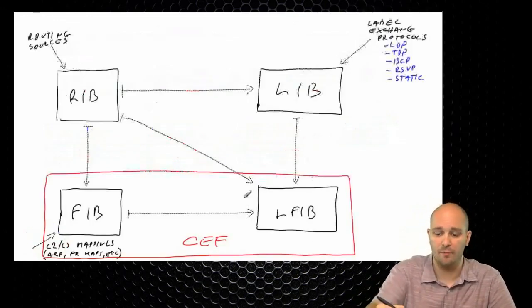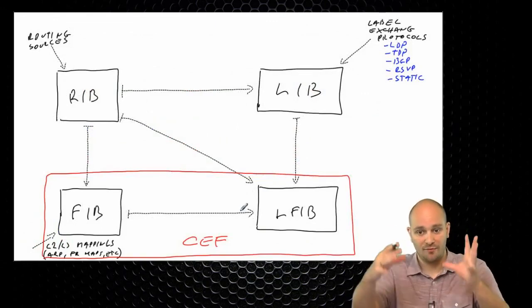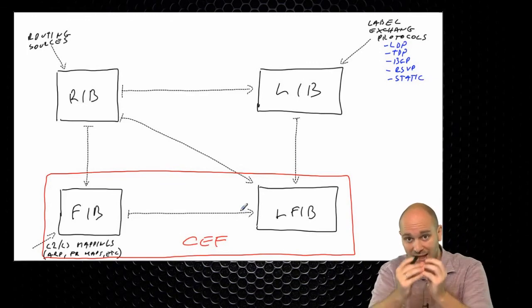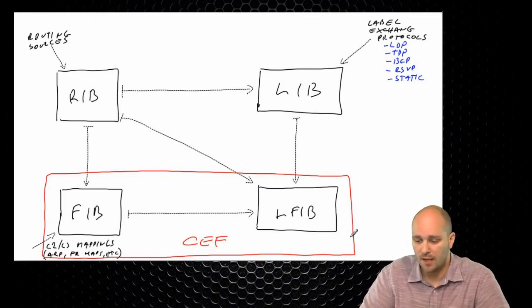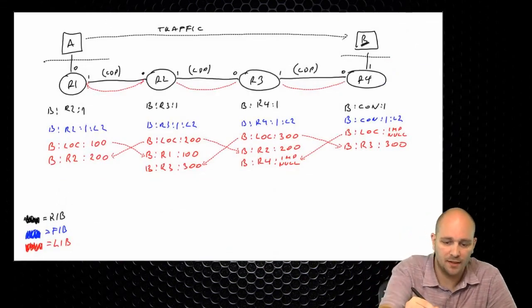The information in the LFIB comes from the LIB, the RIB, and the FIB. So we now have to compile this information into something that MPLS can use. In our diagram, this is going to be the information displayed in green.